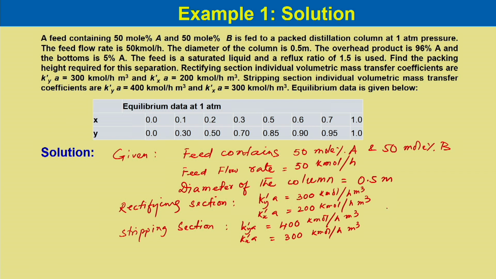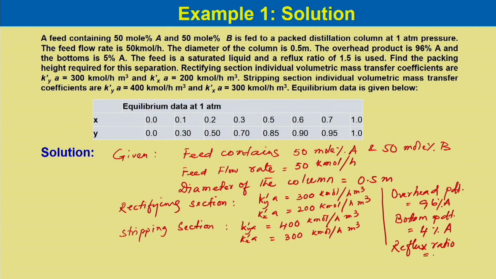The overhead product is equal to 96% A and bottom products 4% A. Reflux ratio given, which is equal to 1.5. So, these are the parameters given, so we have listed them.